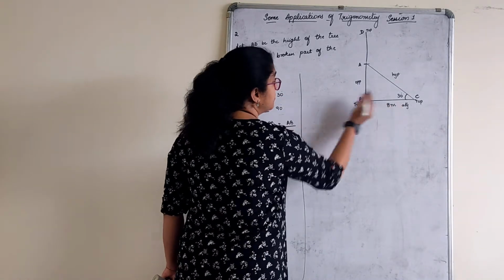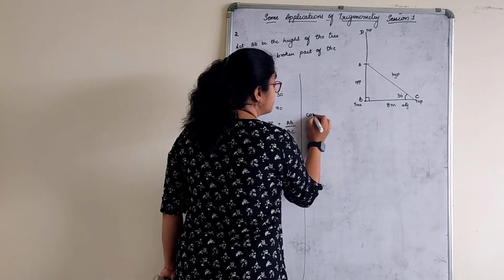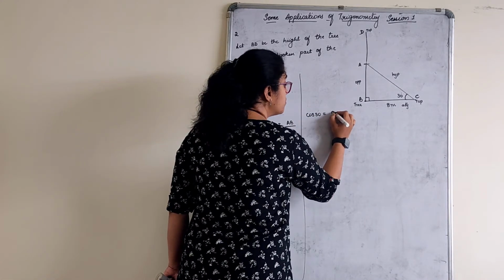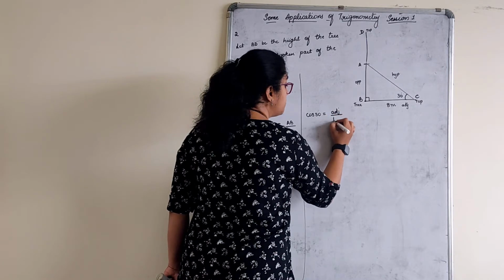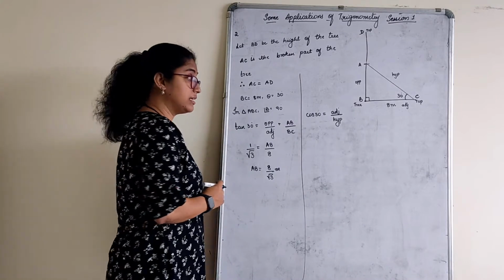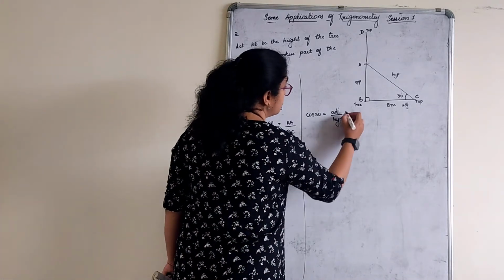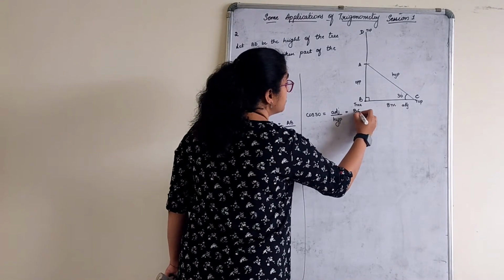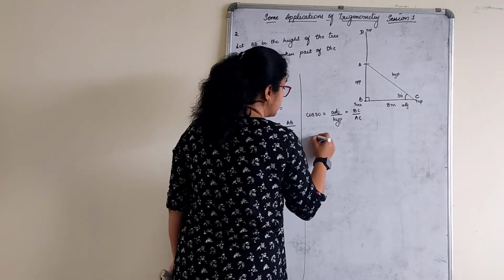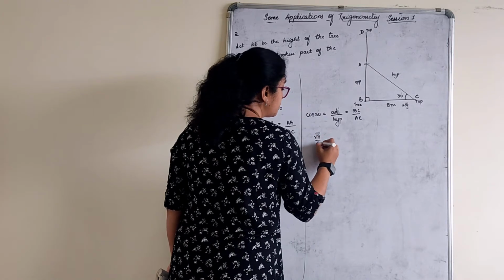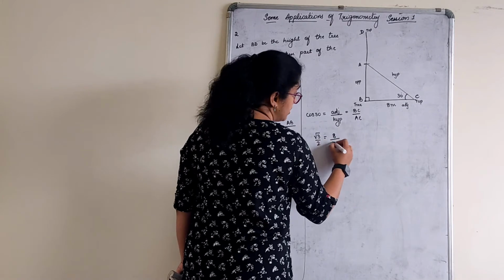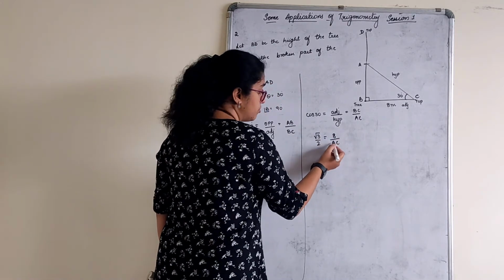We will use the same triangle. Cos 30 is equal to adjacent upon hypotenuse. Can I use this? Yes, I can use. So what is adjacent? BC divided by AC. Cos 30 is root 3 by 2. Adjacent is 8. Hypotenuse is AC. So cross multiply.